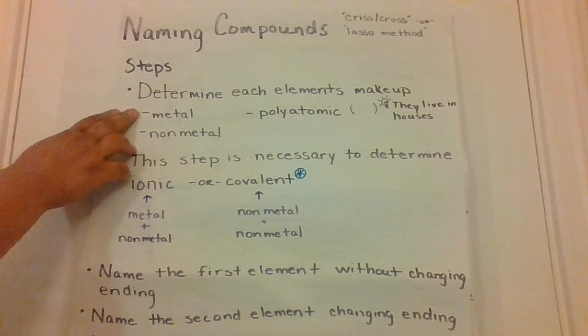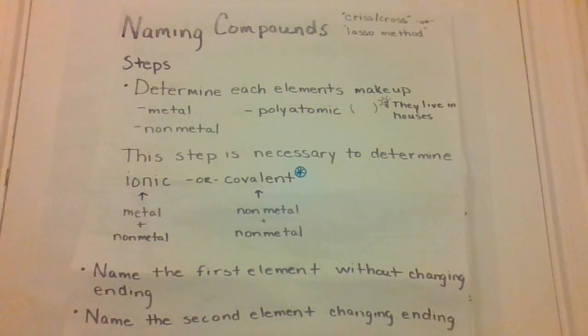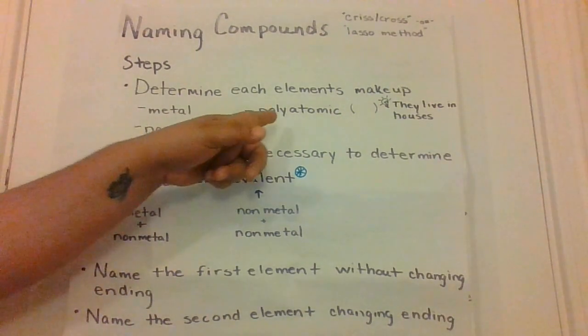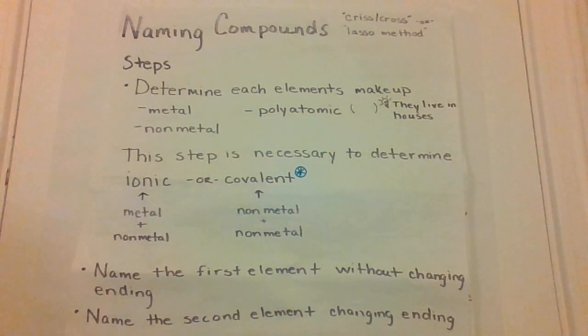When we look at our compounds, we're going to have different elements making up those compounds. They could be metals, nonmetals, or they could be polyatomic ions. Those you'll see quite often living in what they call houses in your compounds, or parentheses.